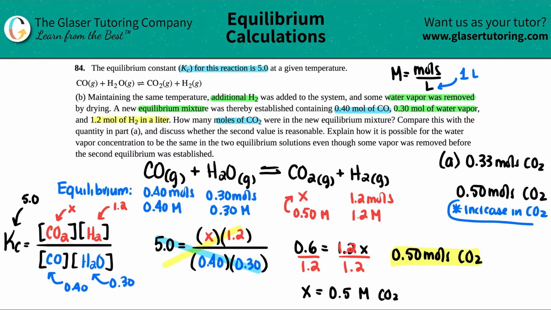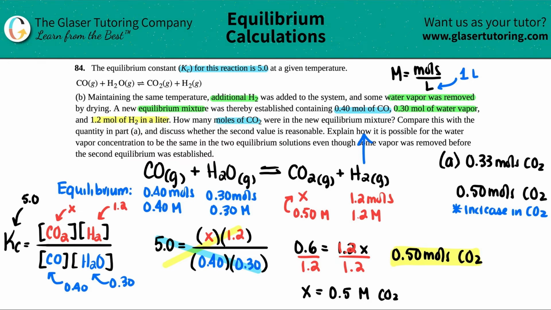Now it says, discuss whether the second value is reasonable. Should there have been an increase in CO2 according to what they said? Well, let's see. What happened? Additional H2 was added to the system and some water vapor was removed by drying. And then a new equilibrium value was established. So, this is Le Chatelier's principle. We have to figure out what's going on. Additional H2 was added. Here is the H2. We added that, right?